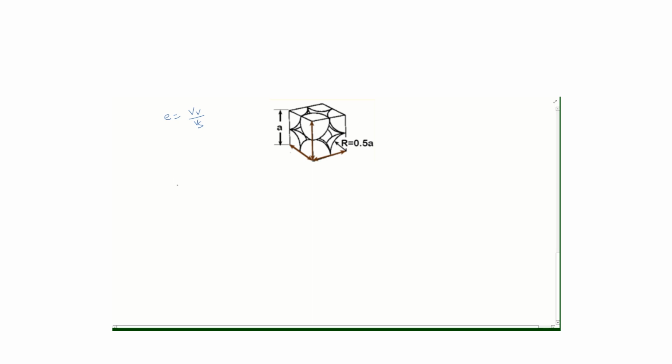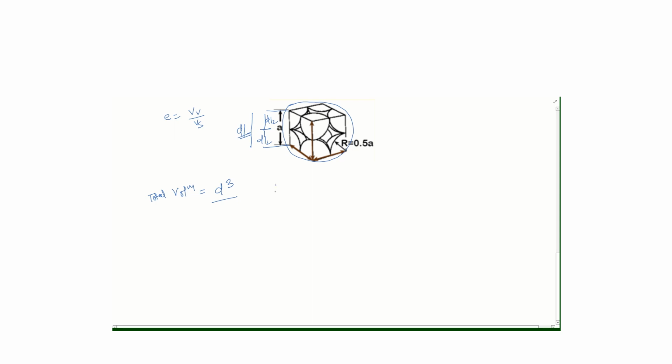First I determine the total volume. The total volume is going to be d cubed, because we have already found that the side of this cube is d by 2 and d by 2, so the total side is of length d. So the volume is going to be d cubed.